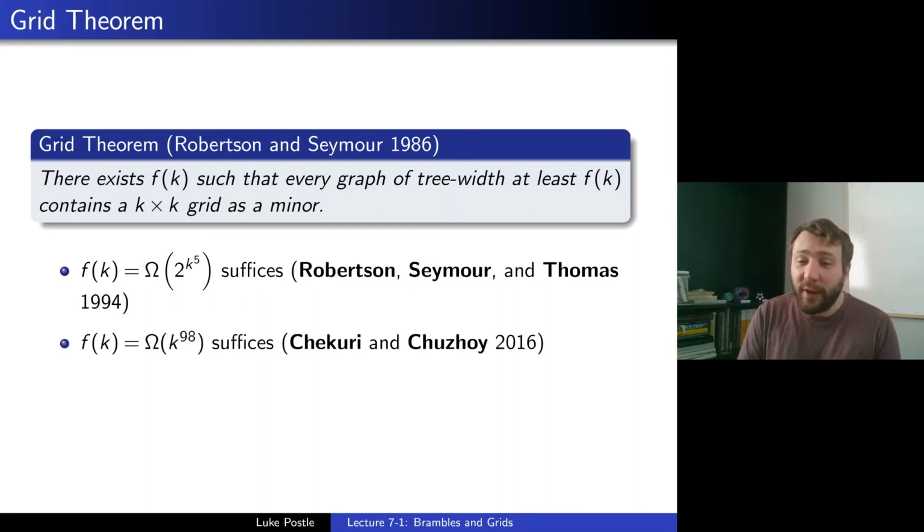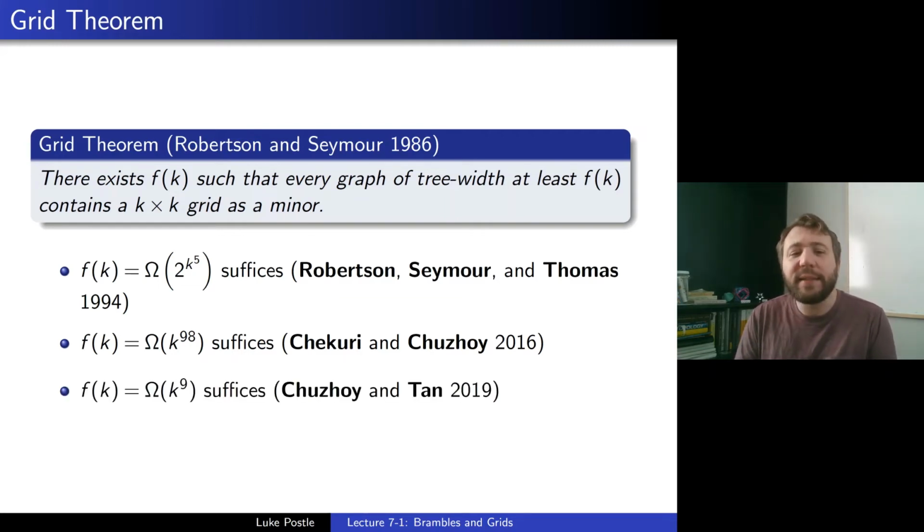And in a very nice breakthrough, Chekuri and Chuzhoy in 2016 proved that there is some polynomial. Here k to the 98th was what they proved. And the best current bound is by Chuzhoy and Tan from 2019, which improved this to on the order of k to the 9th. I'm hiding some polylog factors there, so it should be k to the 98th polylog k and k to the 9th polylog k, but at least for the polynomial order, 9 is the best at the moment.